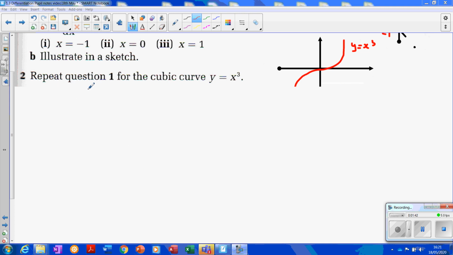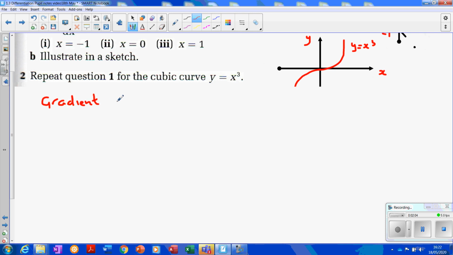Question 2, repeat this for the curve with equation y is equal to x cubed. Now remember that's the curve where y is equal to x cubed, so it's like half a parabola that's twisted and goes up like that. We want the gradient of the tangent where x is equal to minus 1. So the first thing we're going to do is get the equation for the gradient of the tangent.